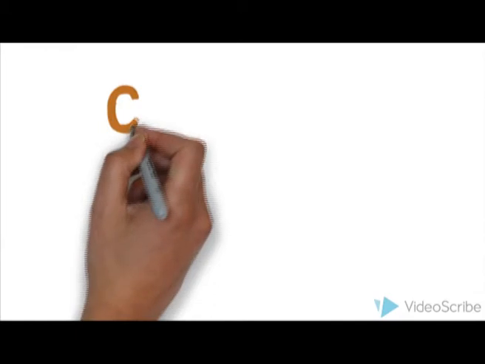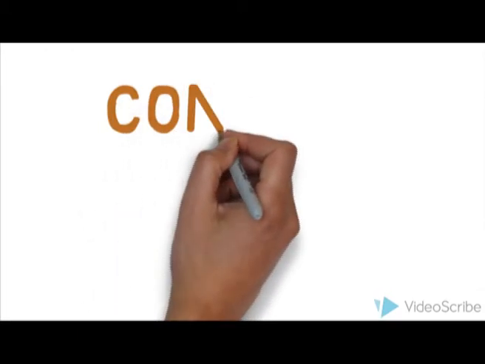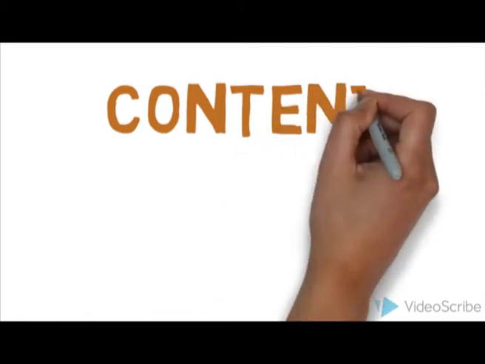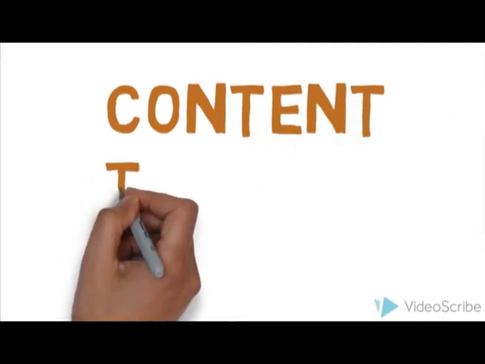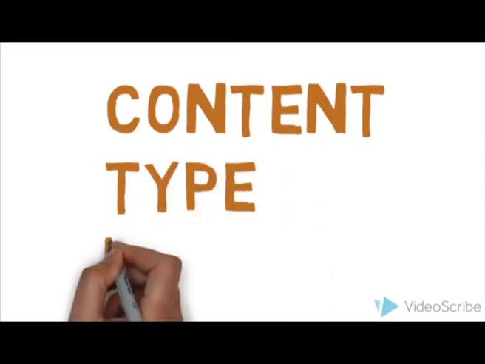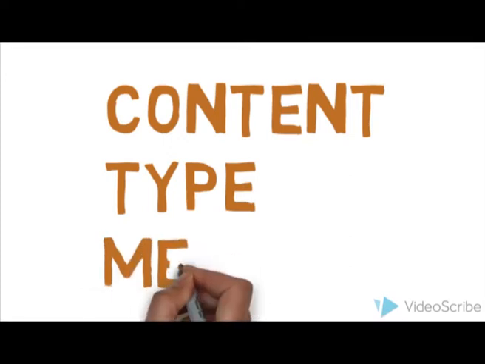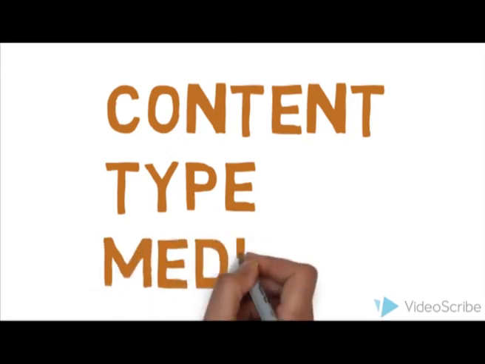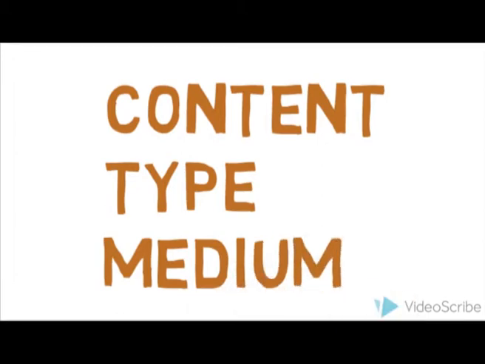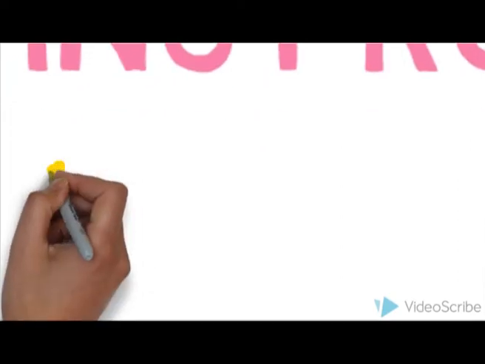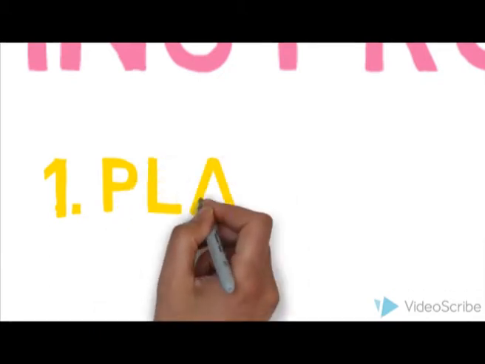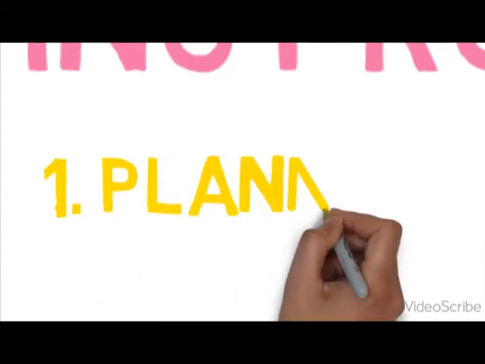It is affected by content, which is subject matter, and type of writing, such as shopping lists, letters, essays, reports, novels, and the medium it is written in: pen and paper, computer word files, and live chat. Also, this writing process has 4 elements, which are: first, planning.